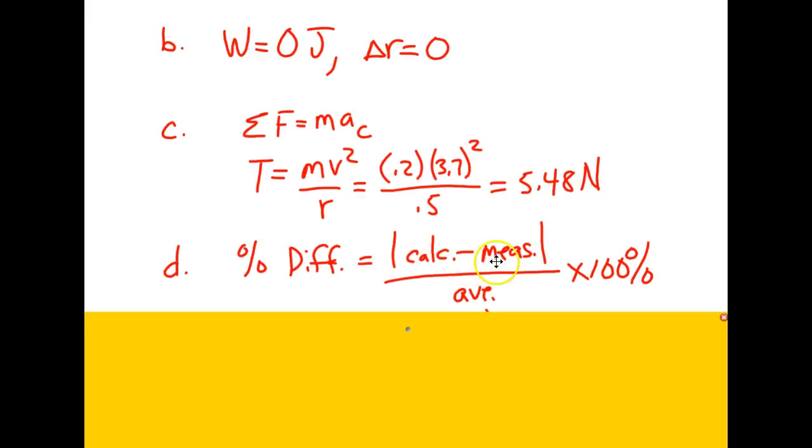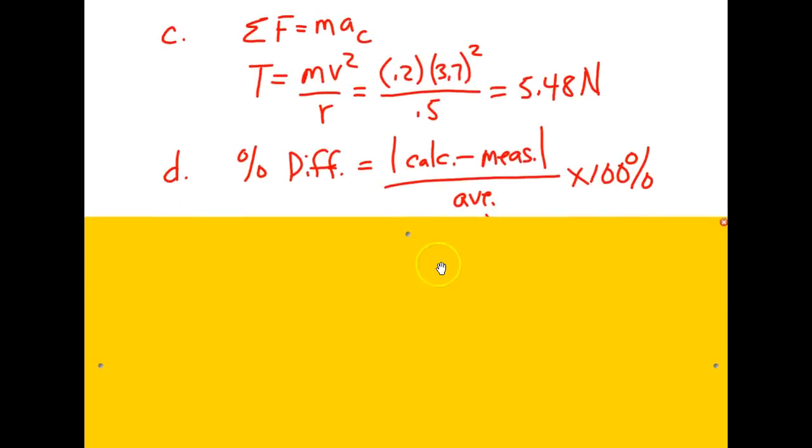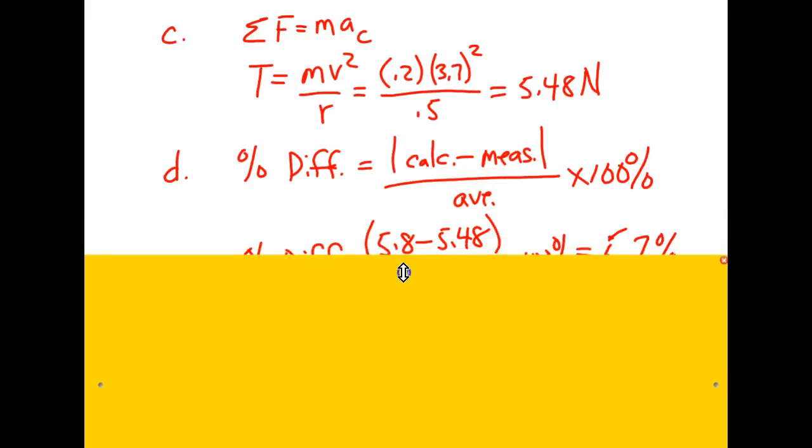So the calculated minus the measured, here's the difference, divided by the average of the 2 values. We take the average of the calculated and measured value, and then we multiply that by 100% to get our percent difference. So this is what we do when we don't have an accepted value, which we would put in the denominator here. In this case, we do the average of the 2 values.